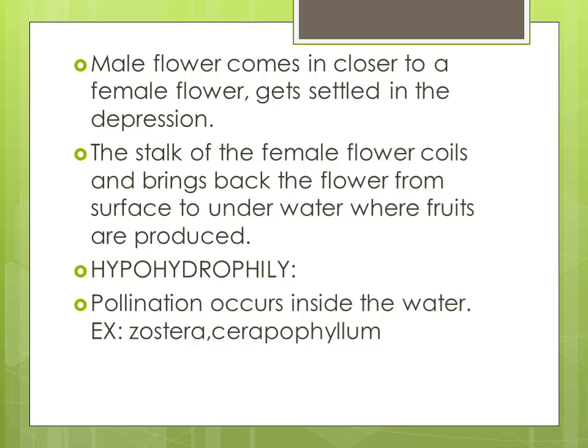Now the coiled stalk of the female flower brings the flower back from the surface to underwater, along with the male flower. It goes underwater where the fruits are produced. So after the pollination, the female flowers reach the underwater again, and there they produce fruits.